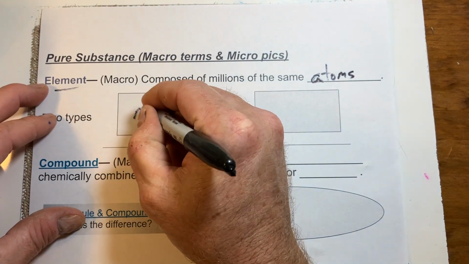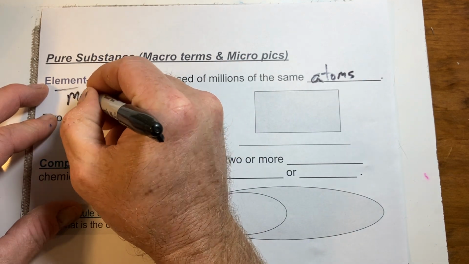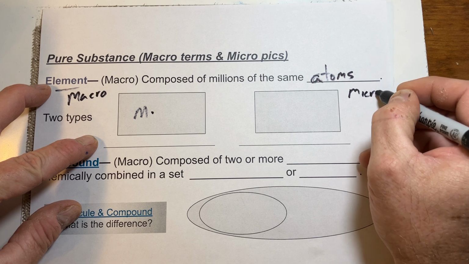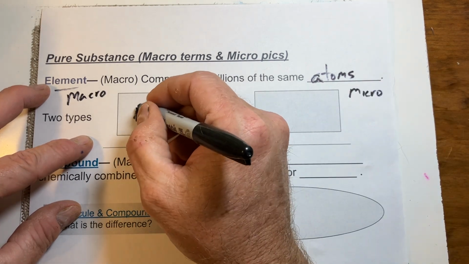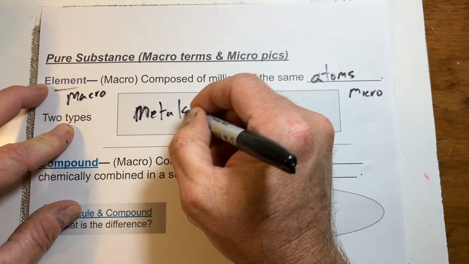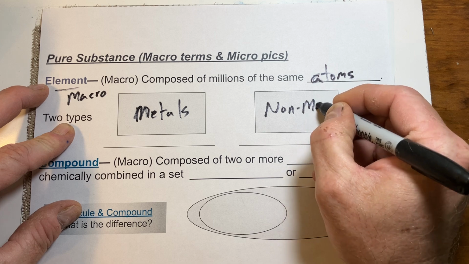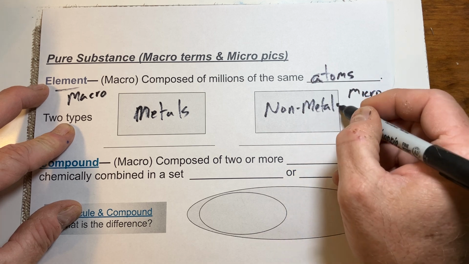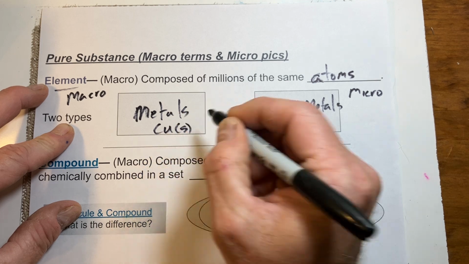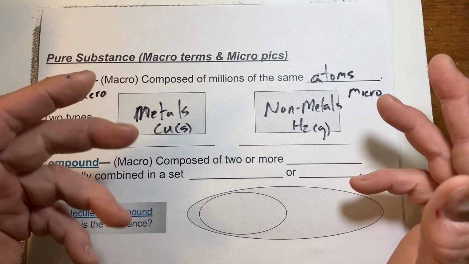We have macro and micro. But we can have, again, you remember the metallic types of elements, the metals, and we can have the non-metals. And we said those can be in the diatomic form, like H2, and we could have copper as a solid, where it's just, this would maybe be a gas, but they're still in the elemental form.